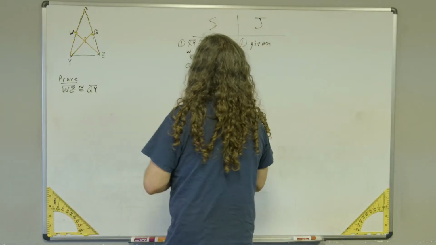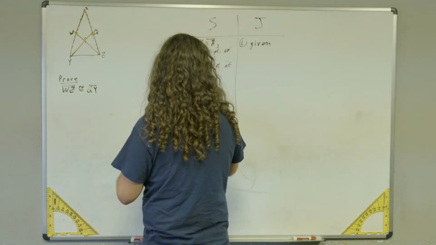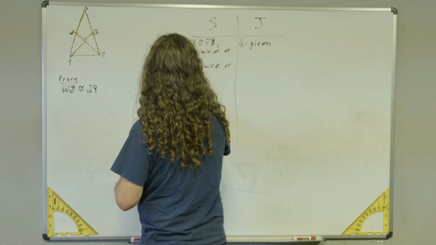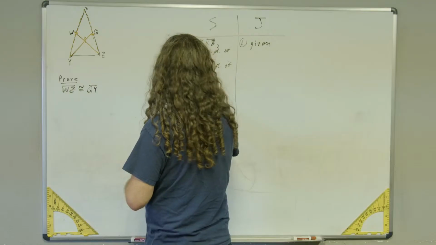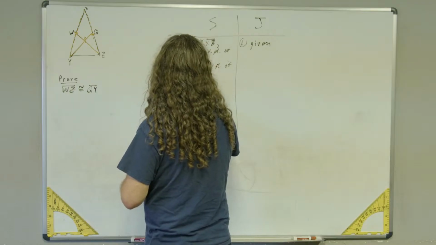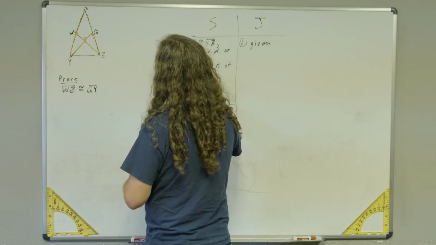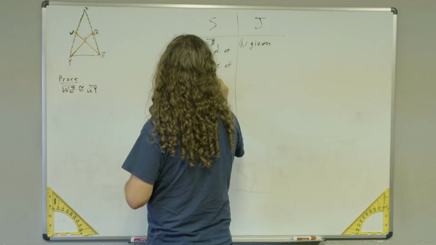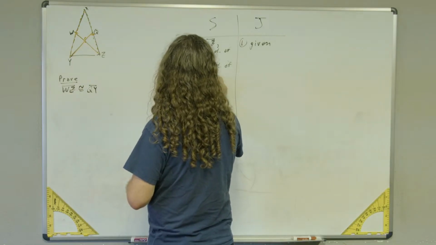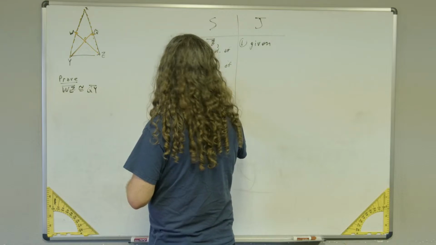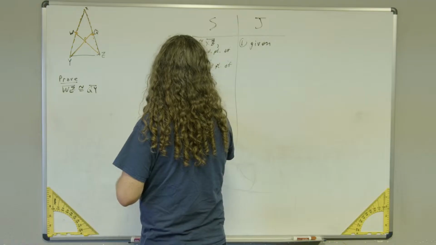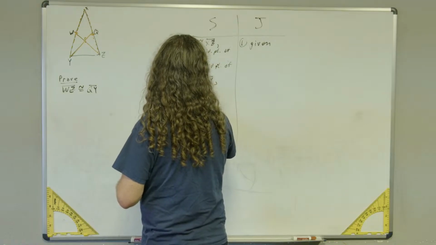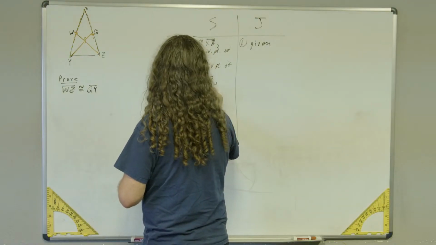So we could say that XW is congruent to WY, and that XQ is congruent to QZ.